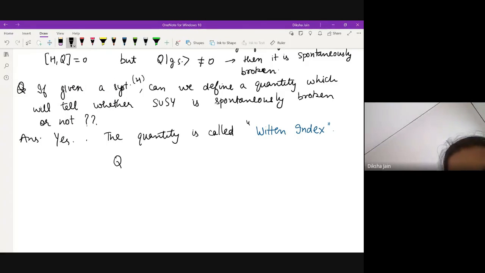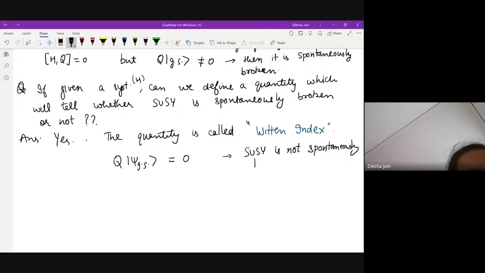If Q acting on the ground state is 0, then SUSY is not spontaneously broken. This implies that the ground state has 0 energy.